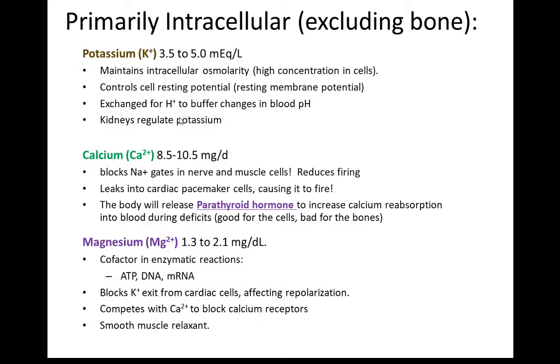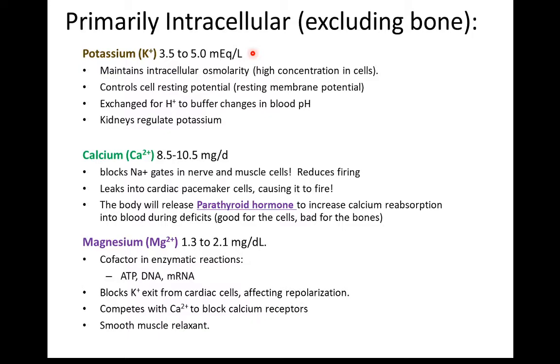I briefly introduced this slide in part one. It is really important for you to remember that potassium is the most plentiful intracellular cation. Because of its high concentration in the cell, it helps to maintain intracellular osmolarity.